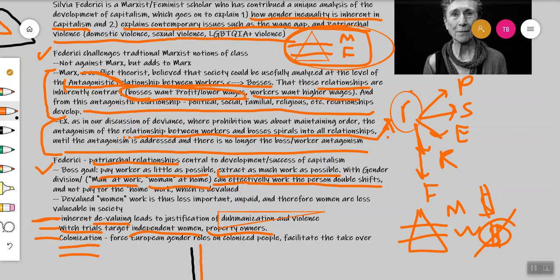So witch trials are actually exported to the Americas, Latin America, the United States, North America, in order to force these new habits into the New World and naturalize them there. It makes it easier to colonize and exploit when European gender roles are exported to colonized people. It helps facilitate a takeover.